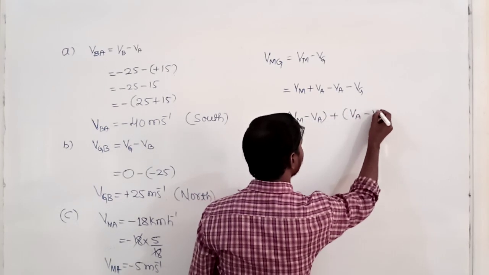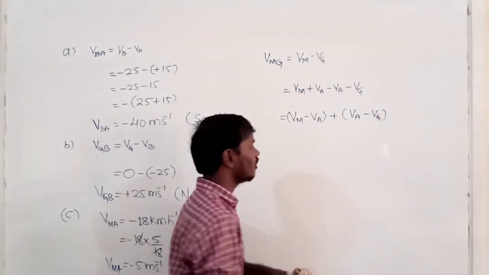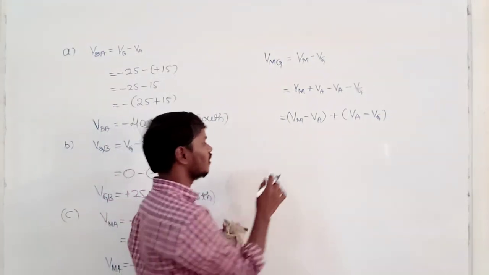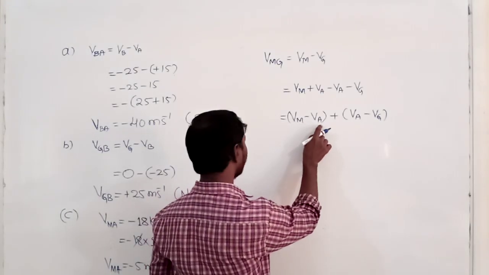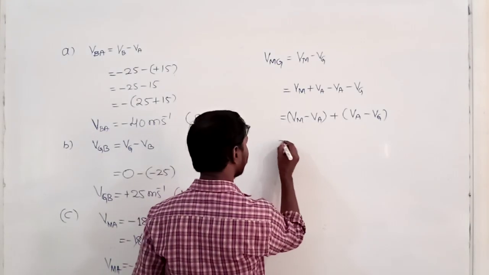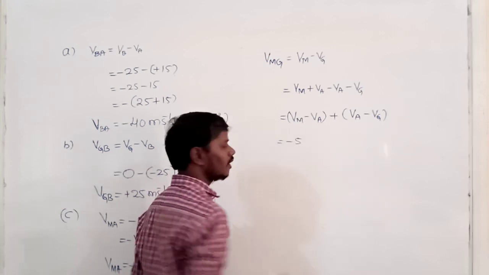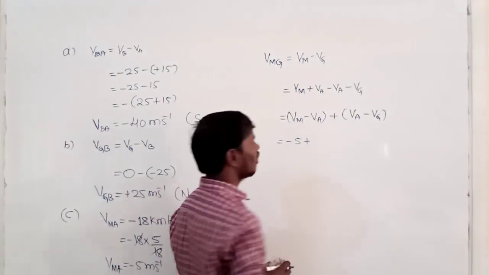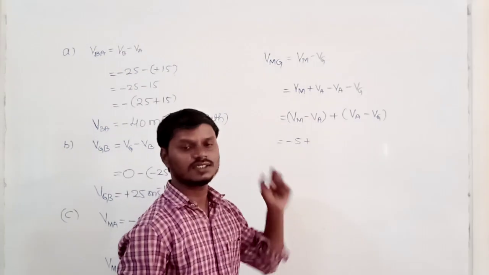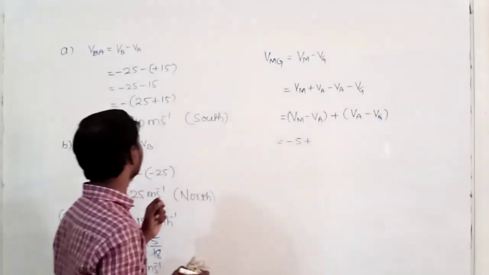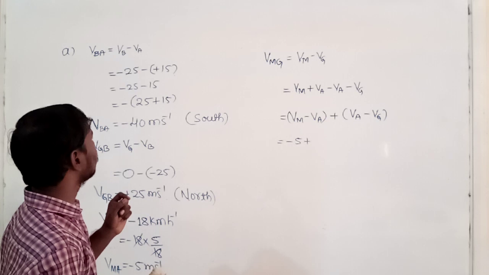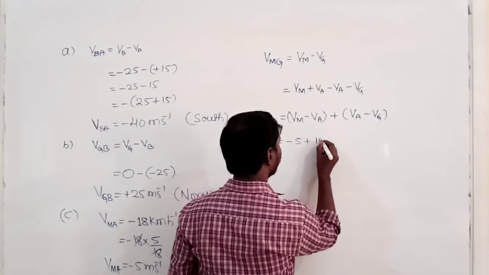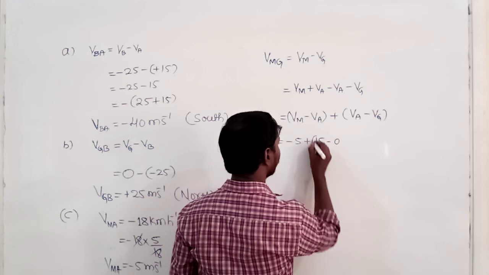VA minus VG means the velocity of train A with respect to the ground. So listen, the velocity of the monkey with respect to train A, that is how much? That is minus 5. Then plus, the velocity of train A, that is how much? That is 54 kilometer per hour. 54 kilometer per hour means that is 15, and the velocity of the ground is 0.